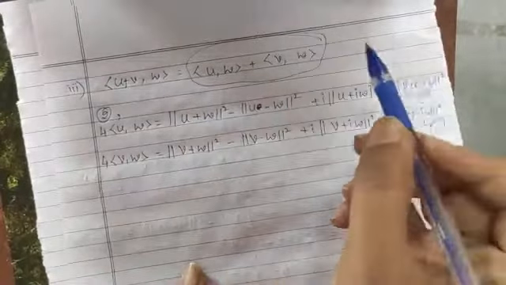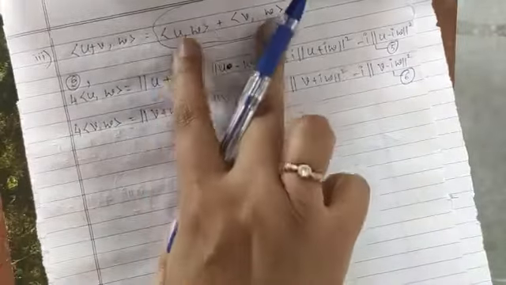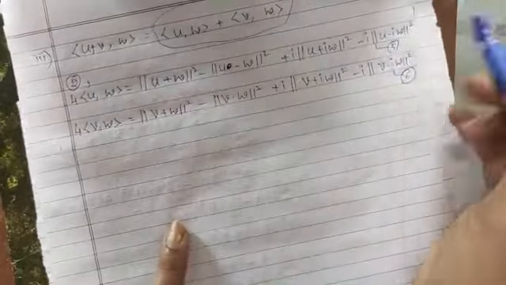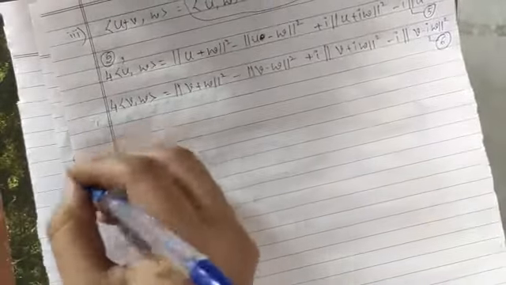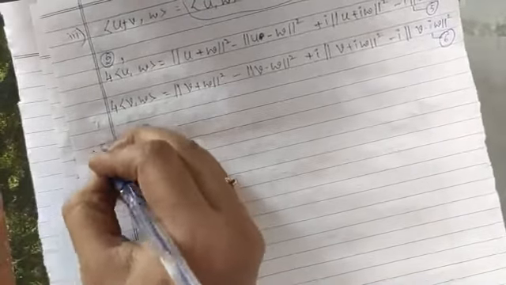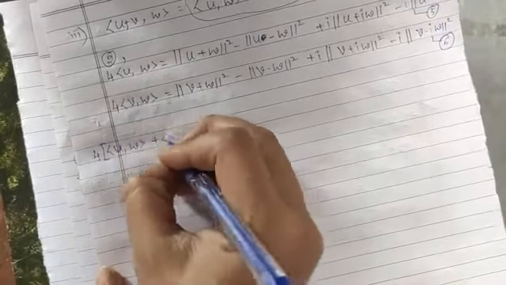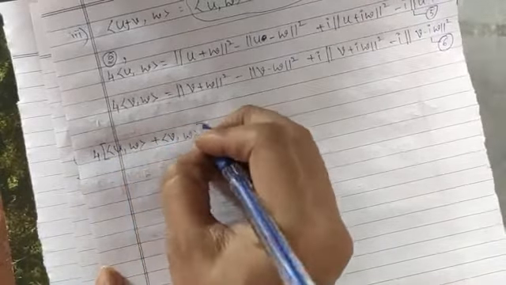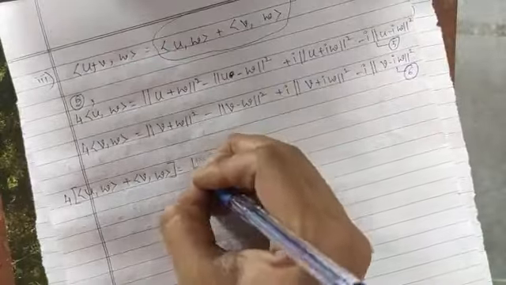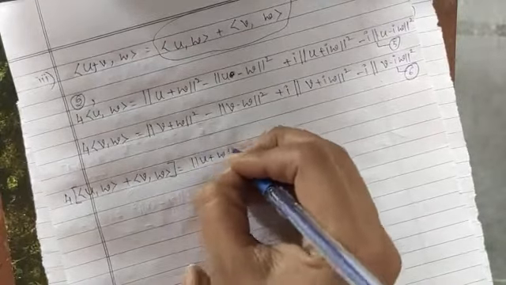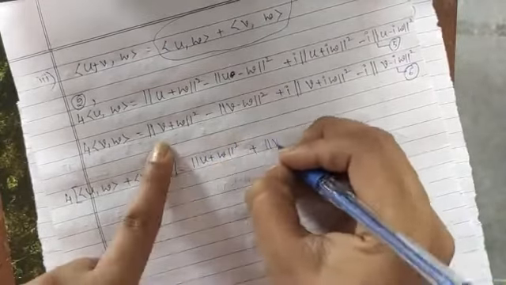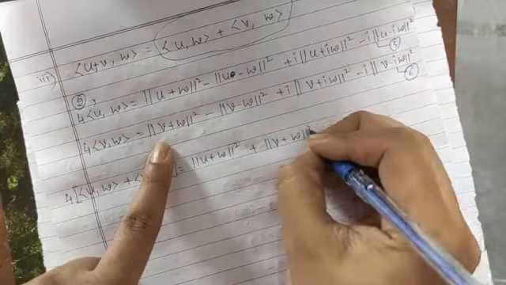What I have to do, I have to sum these two, right? Our final answer should be adding these two. So now I will add these two equations. From this you can write 4 into inner product of u comma w plus inner product of v comma w is equal to norm u plus w whole square plus norm v plus w whole square. This is one term.